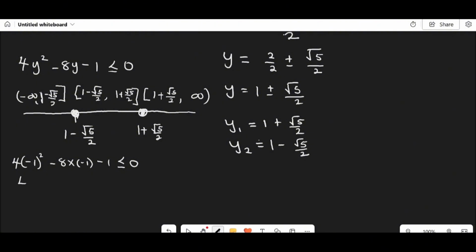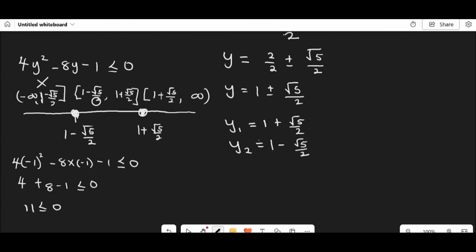So it will be 4 plus 8 minus 1 less than or equal to 0. 4 plus 8 gives us 12, minus 1 is 11, less than or equal to 0. 11 is not less than or equal to 0. So this interval is excluded.